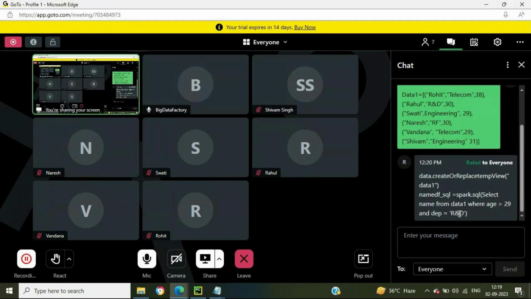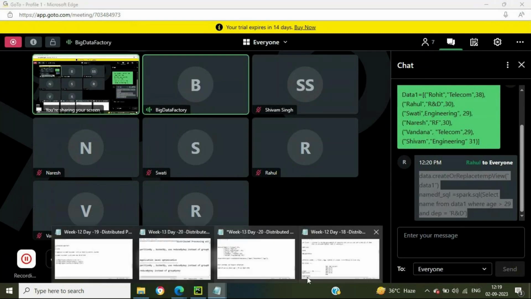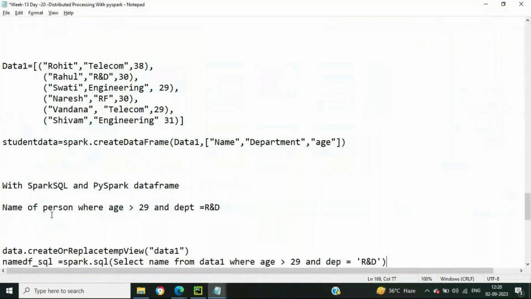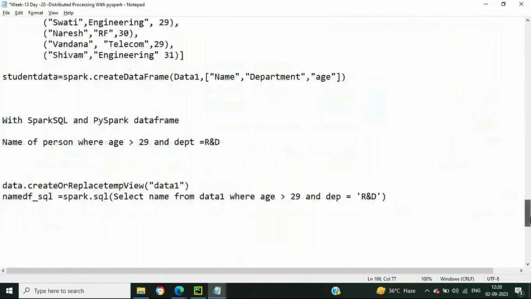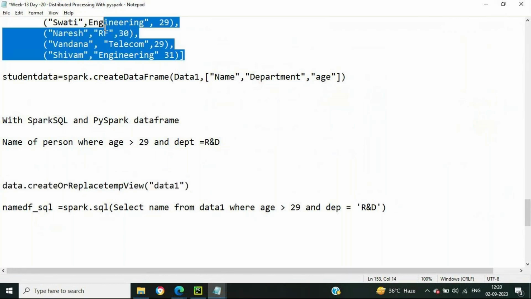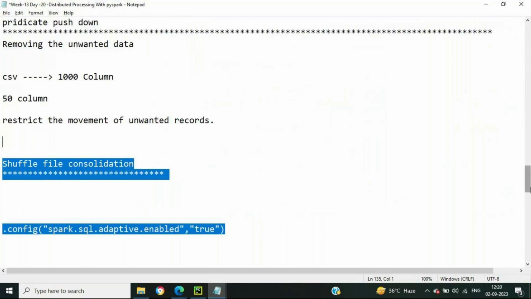So Rahul, let me check the code from Rahul. Okay, so will you be able to create a data frame based upon this particular list?